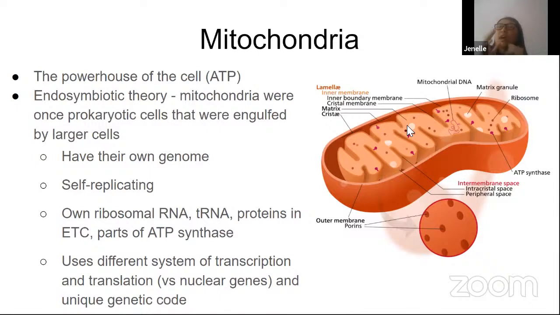And so they have this engulfing while also having a beneficial relationship with one another. Symbiotic just means that it has a beneficial relationship with each other, but it doesn't necessarily have to mean that it was within a larger cell.